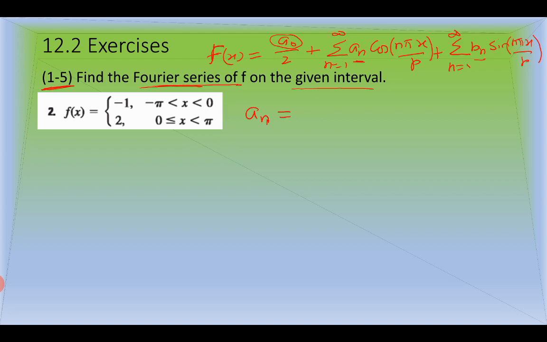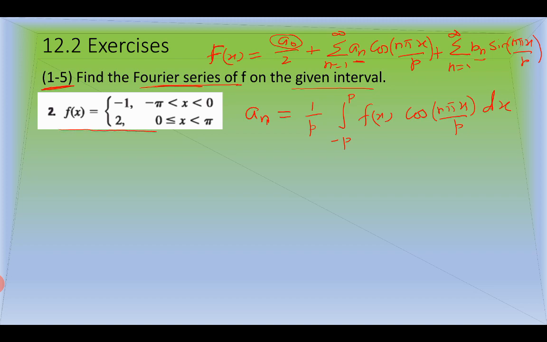Okay, the formula for an is 1 over p, integration from negative p to positive p. We take f of x and integrate it with the cosine: f of x cosine n pi x over p dx. Now look at this given problem.